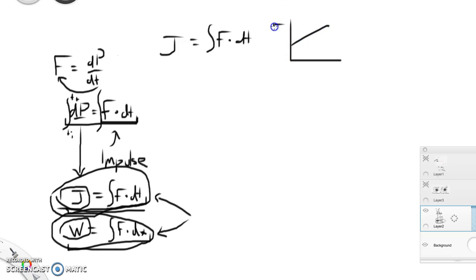So if this is a graph of force versus time, if we were to find this area, that would be equal to our impulse J, which is our change in momentum, or our change in mv. So if we know the momentum of something and we know the area under a graph, we can find out how that momentum changes if we have the force-time graph. Okay, so we're going to see a couple of examples of that right now.